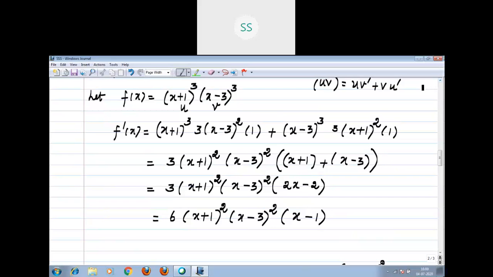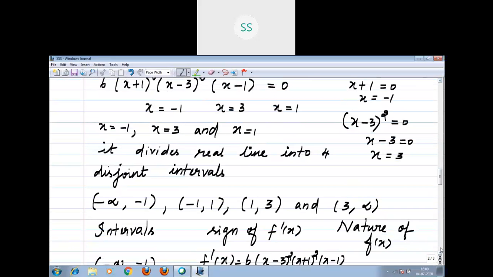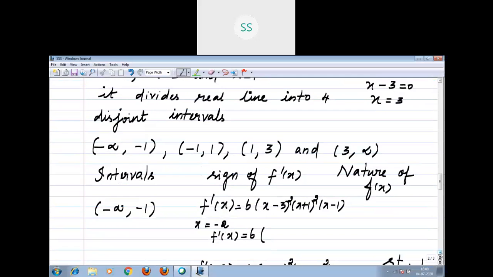The next step, you are going to equate with 0 because you want to find the interval. When you equate with 0, what can you get? X is equal to minus 1, x is equal to 3, x is equal to 1. Right? The three things divide the real line into 4 disjoint intervals. Right? Now, how the things are acting, right?